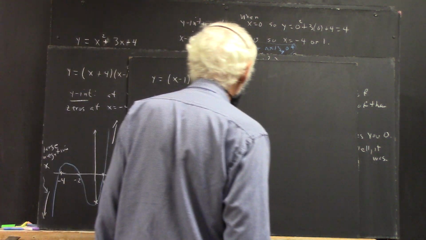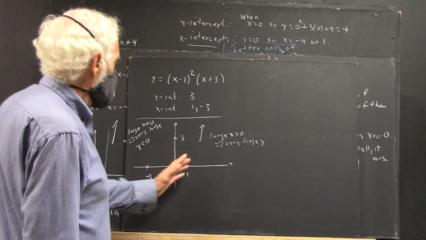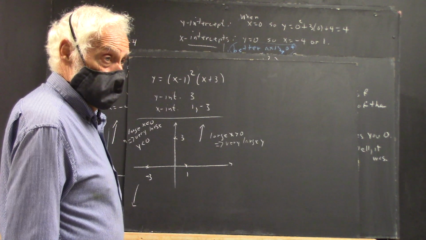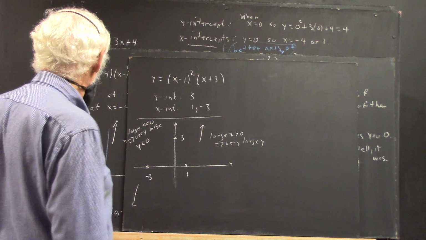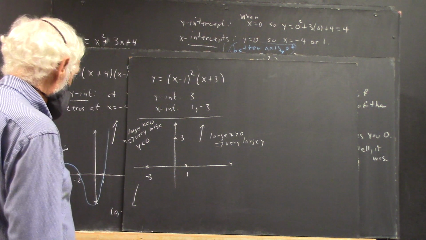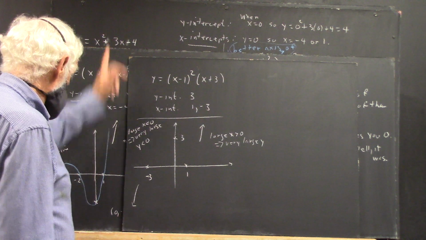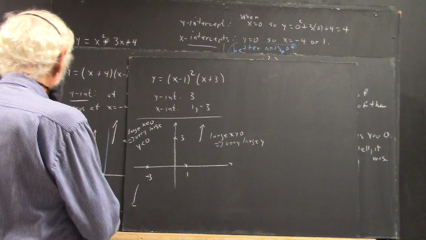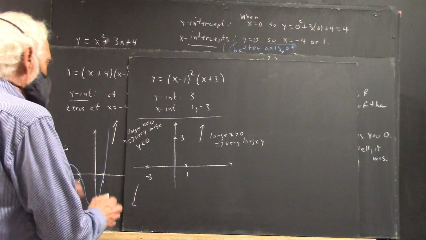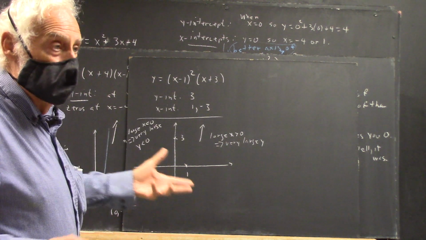Okay. So it's got to start down here and end up shooting up here. Just like this one did. Shoots way down as you go to the left, shoots way up as you go to the right. When you get to the left and right of all the zeros, things very quickly get big.